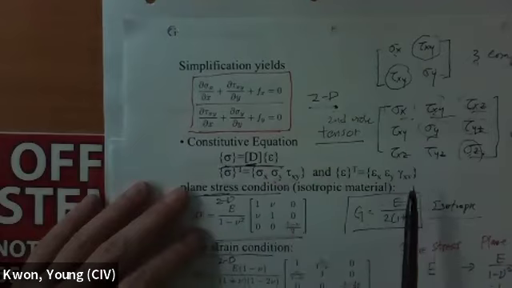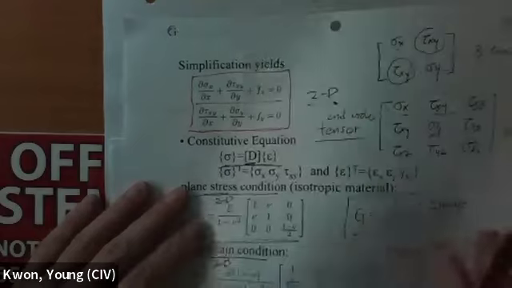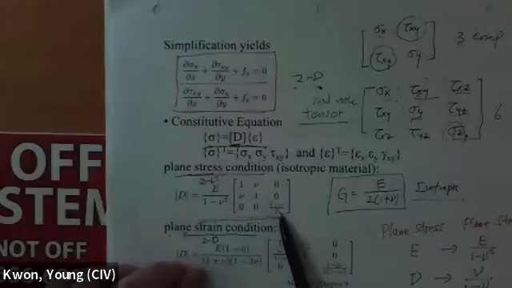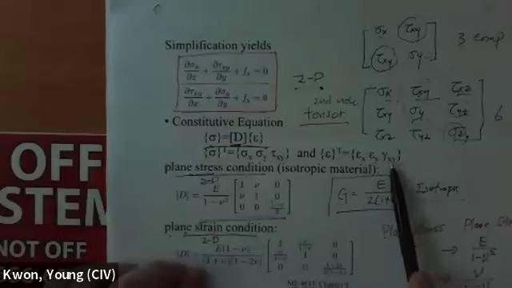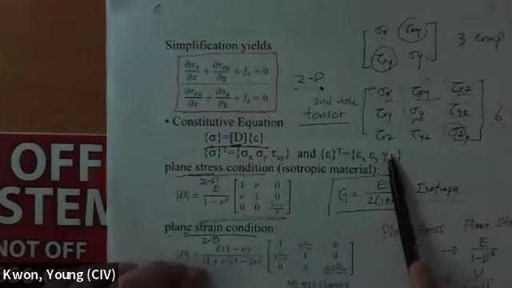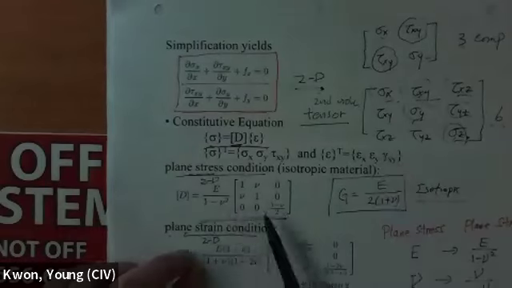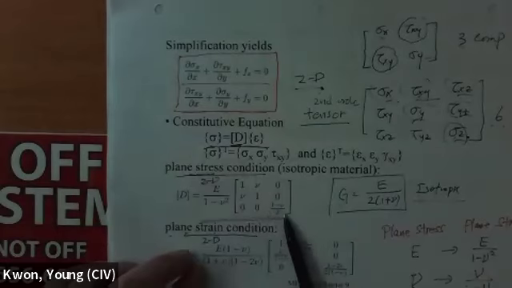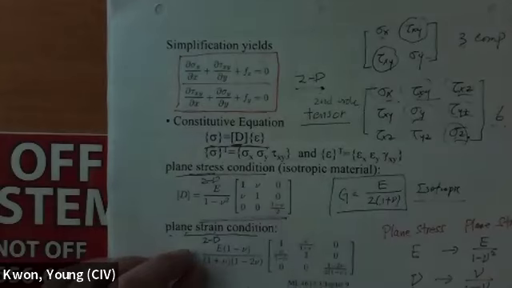This is for engineering shear strain. But this one is used for tensorial shear strain. Then this has to be multiplied by 2, because the factor of 1/2 is applied in here. So depending on what kind of shear strain component you use, the quantification is going to be slightly different. So whenever you look at the shear strain, you need to double check whether it is engineering or tensorial shear strain.